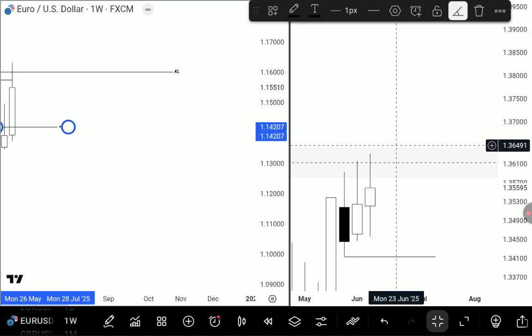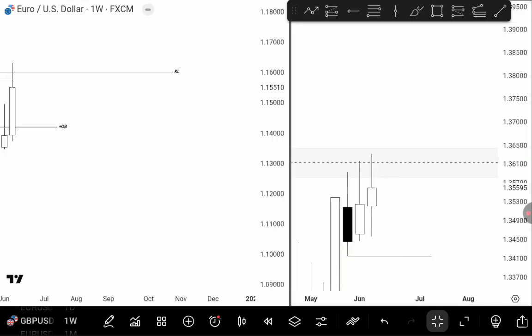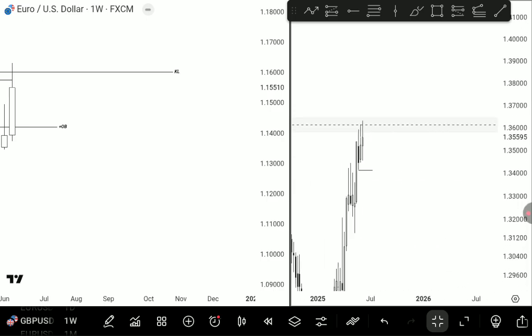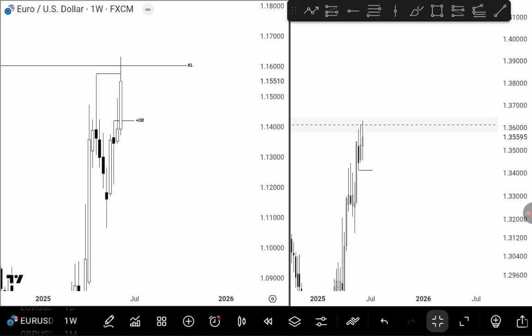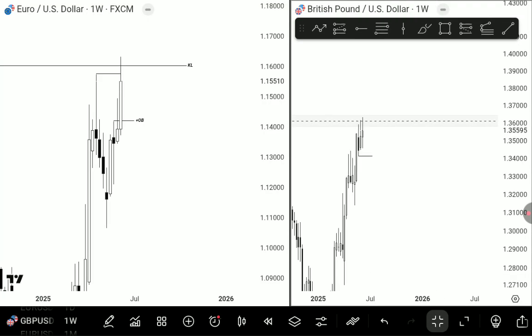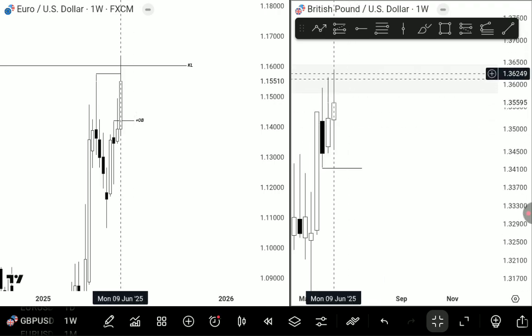Another important aspect of the analysis is symmetrical differences. If you look at this one, it's the pound sterling. You can see that the pound sterling also reached a higher time frame key level.